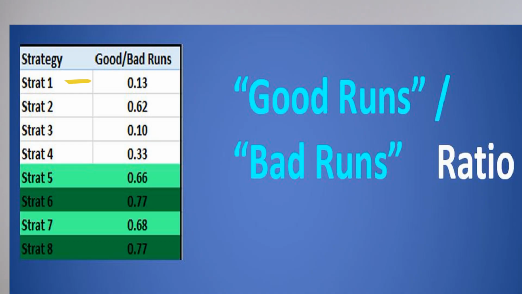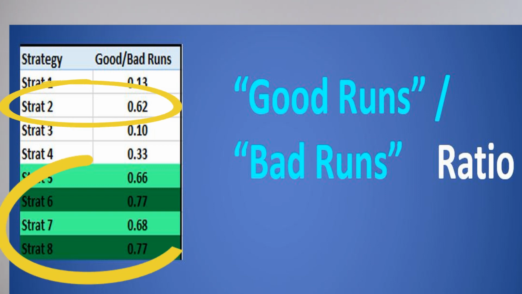So if you're looking at, say, 10 different moving averages, you want a lot of good results relative to the number of bad results. So here's what happens when you look at that and look at those ratios of good results to bad results. Here's what comes out on top. Well, that's kind of interesting.